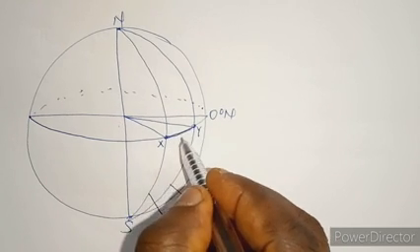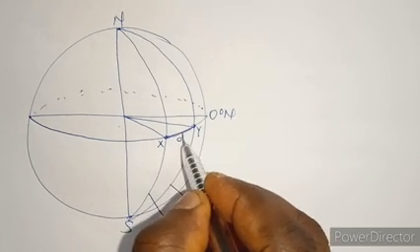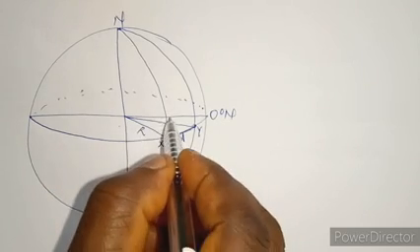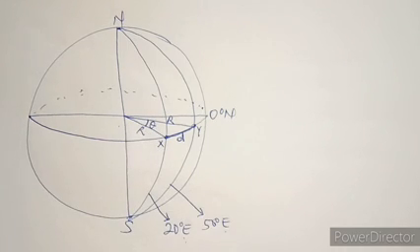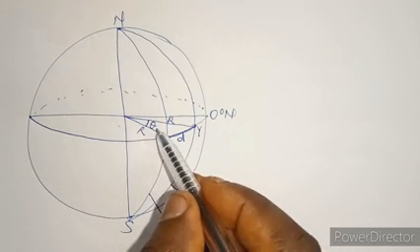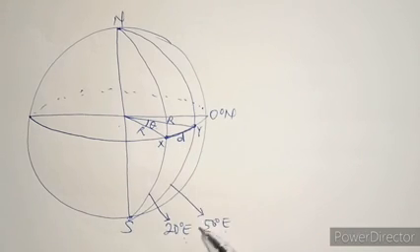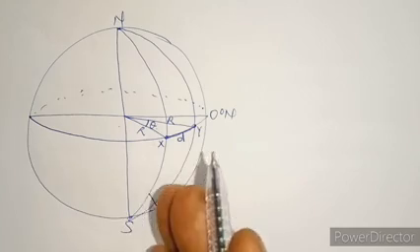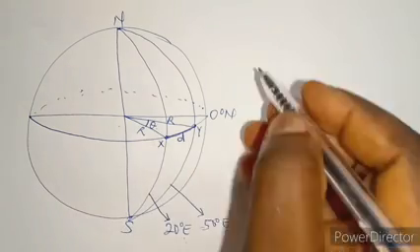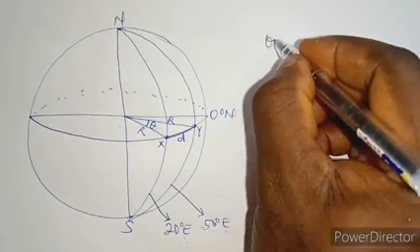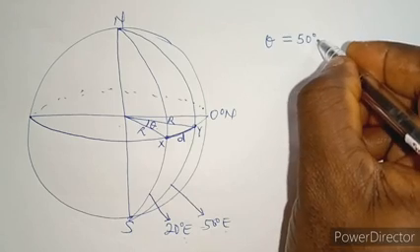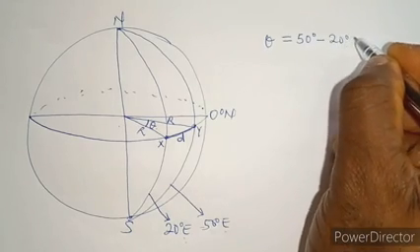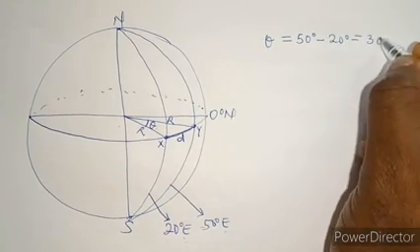This is the distance I am looking for. I call it D. This one is my capital R, this is another capital R, this is the theta, the angular difference. In this case, my theta will be the difference between these numbers. Why? Because they are on the same side of the pole. So in this case, my theta is equal to 50 degrees minus 20 degrees, which happens to be 30 degrees.